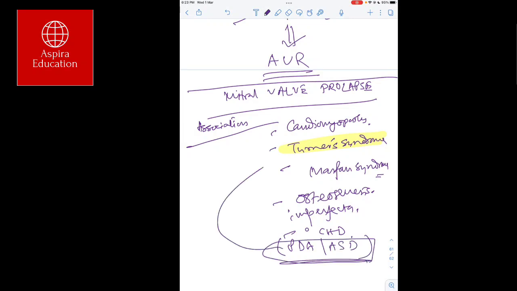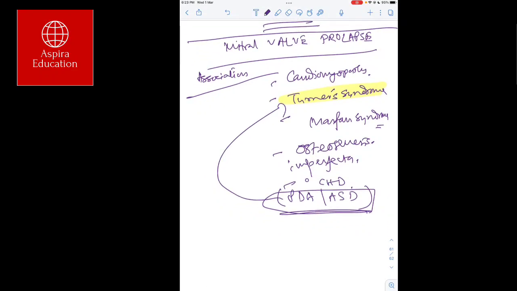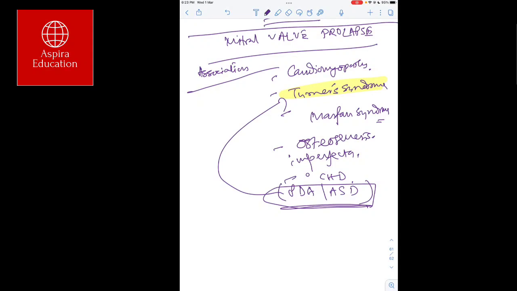Remember, these two can also be connected with Turner syndrome. So these are very important associations of mitral valve prolapse.